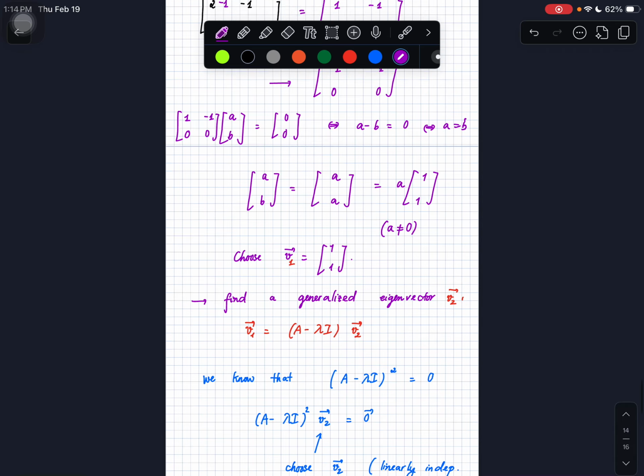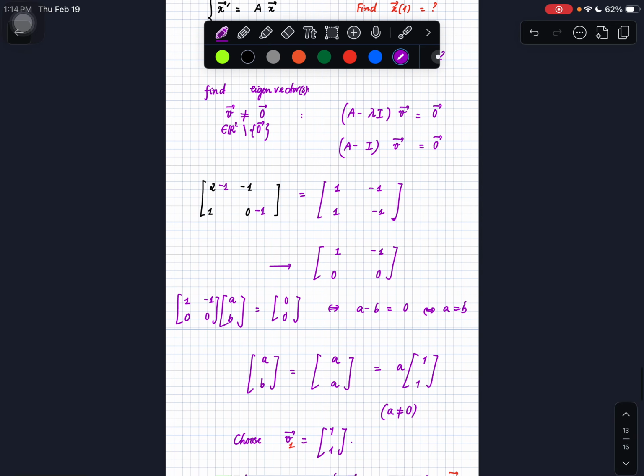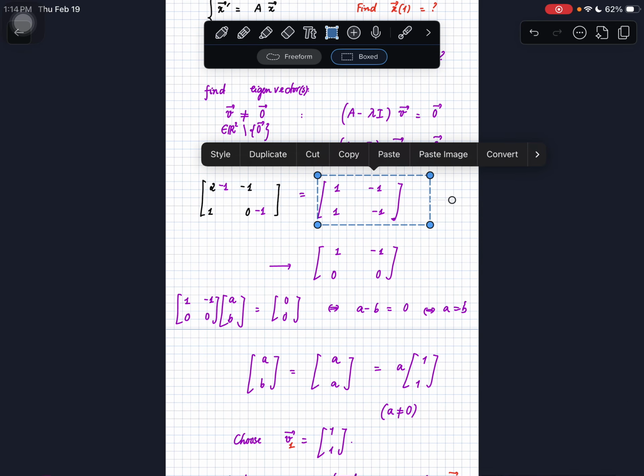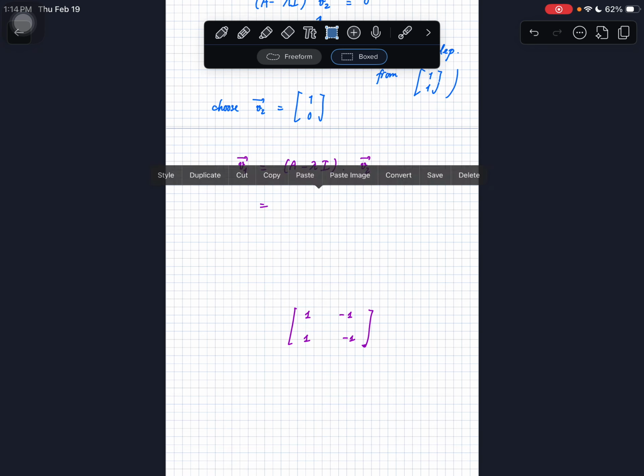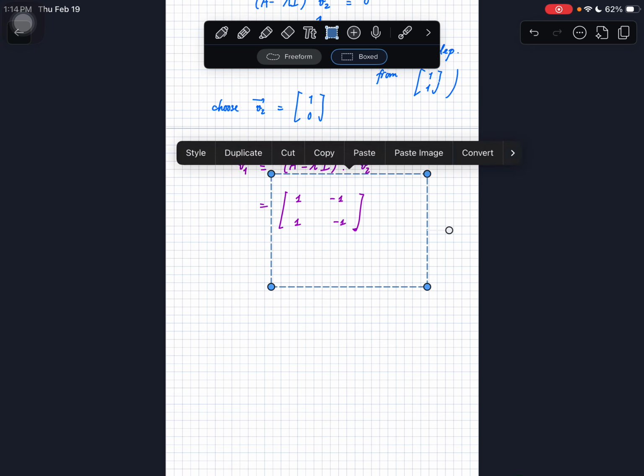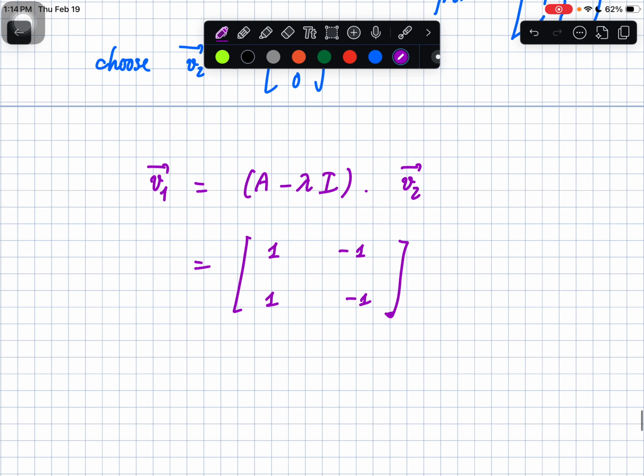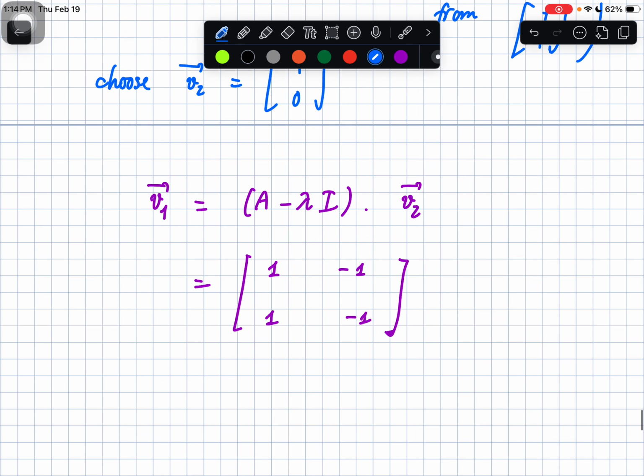A minus lambda I, we did compute it before. This matrix times v2, times (1, 0). Because we multiply by (1, 0), we will get the first column. v1 is (1, 1).